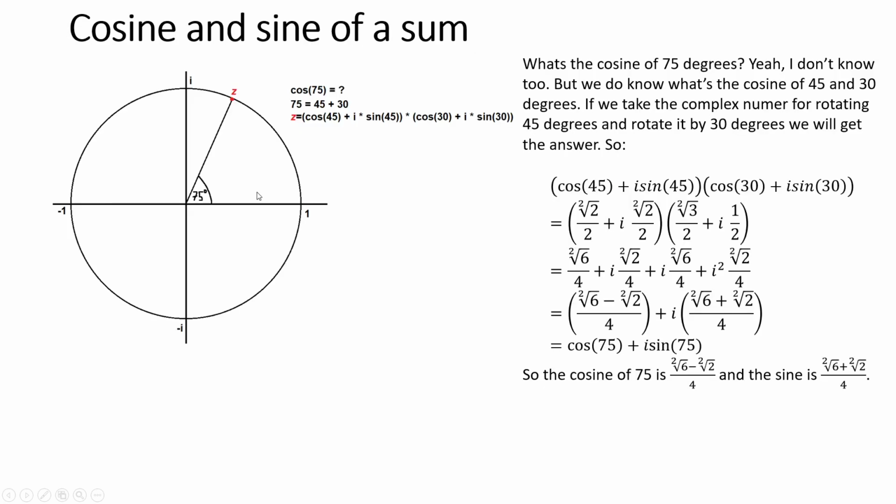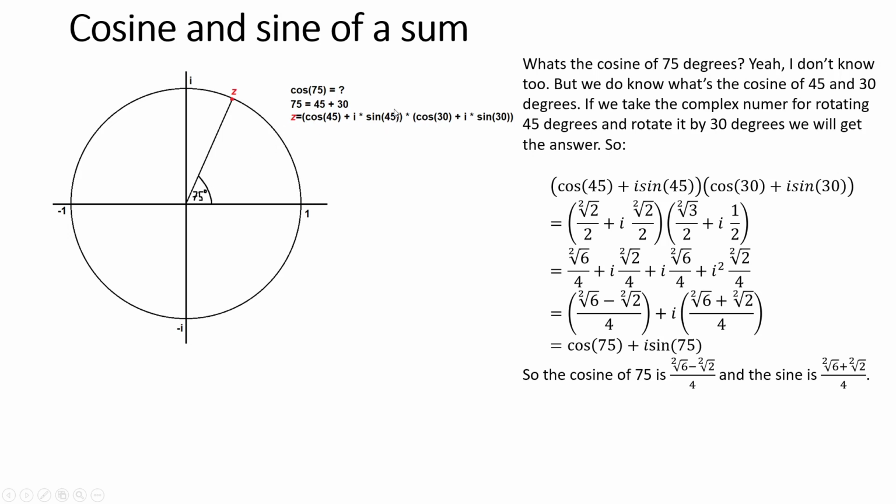So we're going to calculate the cosine and sine of a sum of two angles. Here we have a point z representing the angle 75 degrees, and we don't know what its cosine and sine are, but we know what the cosine and sine of 45 and 30 are, and 75 is equal to 45 plus 30. So we're going to rotate 1, which we don't need to write, by 45 degrees around the circle.